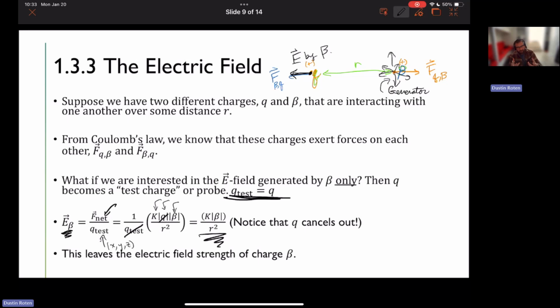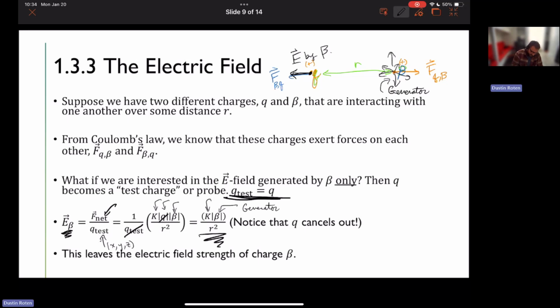So all we're doing is multiplying the electrostatic constant K by the magnitude of the generator of the electric field, because remember, beta is our generator, and then we divide by r squared, that distance.